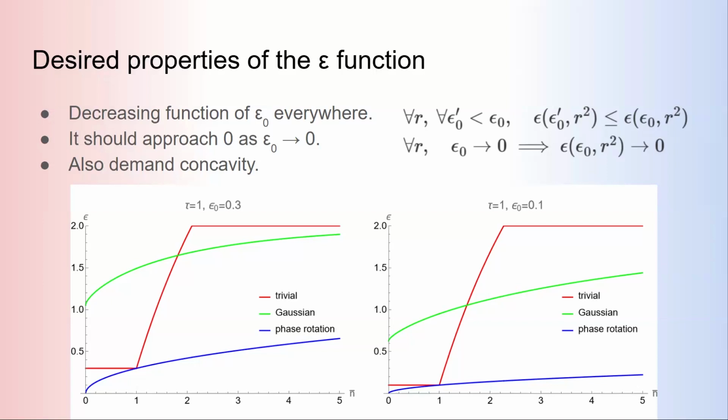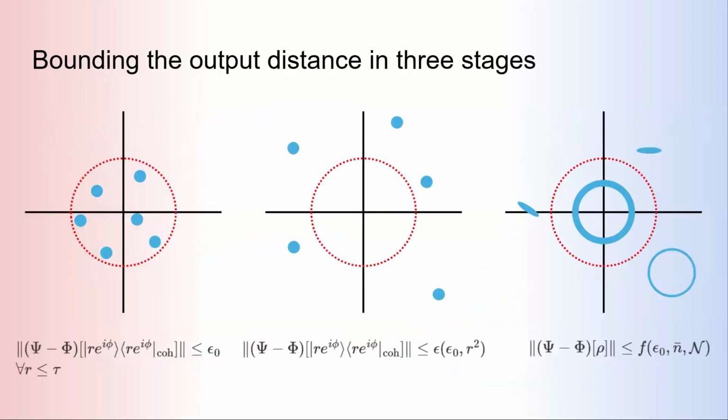Yeah. So you want to always learn perfectly on the vacuum state? No, I want to learn in this area, and I want to say that as I learn better in the low energy regime... Sorry, epsilon naught is the error.